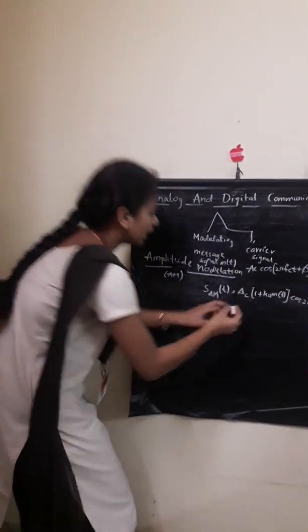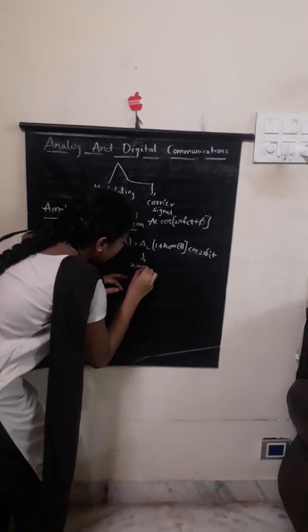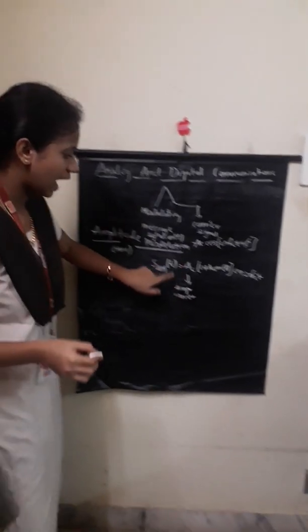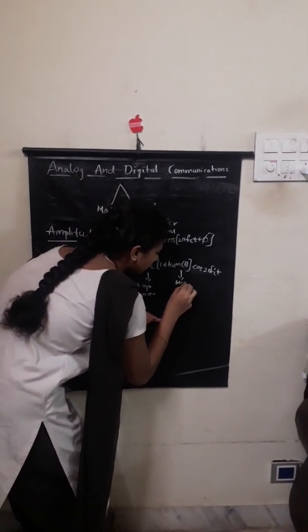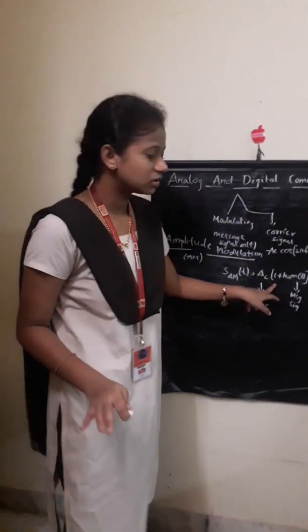Here Ac is nothing but the amplitude of the carrier signal, and m(t) is the message signal. And 1 is a dimensionless quantity.